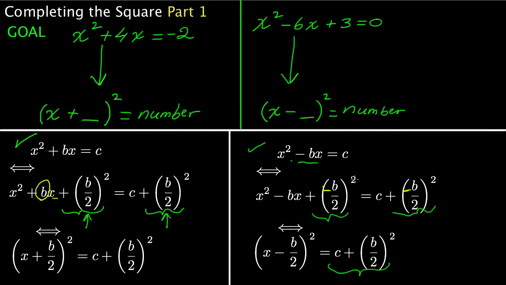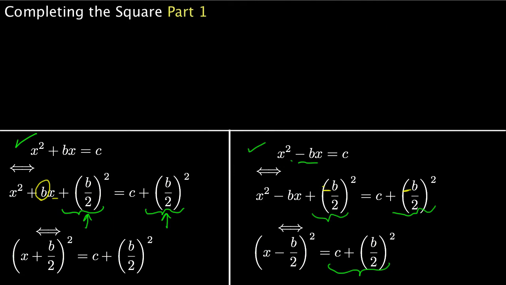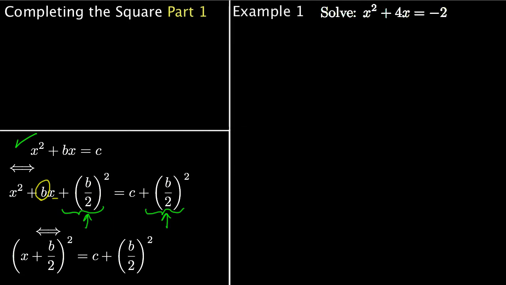Okay, so let's take this away and let's actually work out an example. We'll take the first example we wrote over there, and we'll see how to use completing the square to solve it. So this one says we have x squared plus 4x is equal to negative 2.